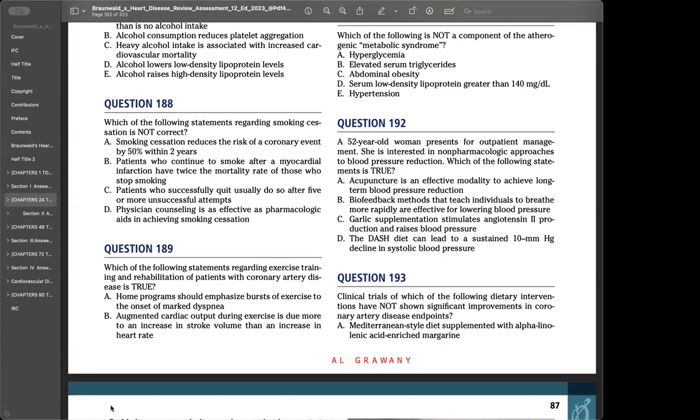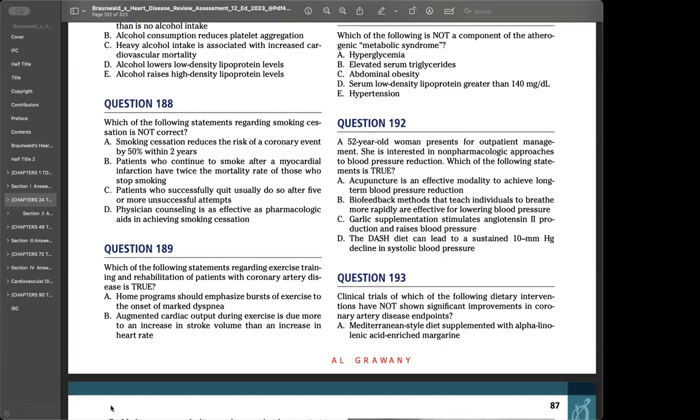Option D, physician counseling is as effective as pharmacologic aids in achieving smoking cessation. This is a false statement because, like I said earlier, nicotine is quite addictive. So most times psychotherapy alone is not sufficient in aiding patients in stopping cigarette smoking.